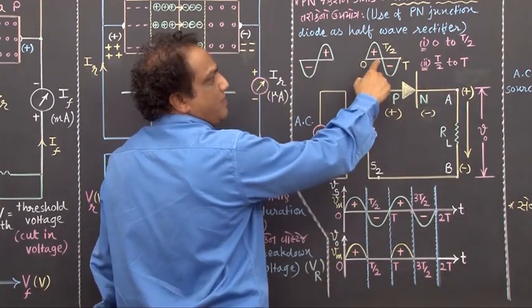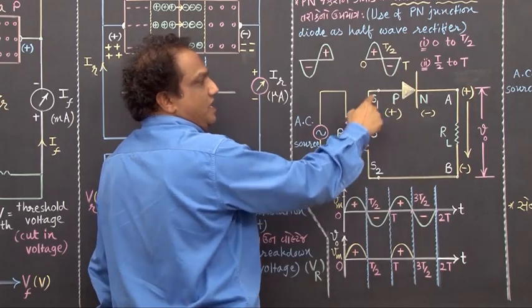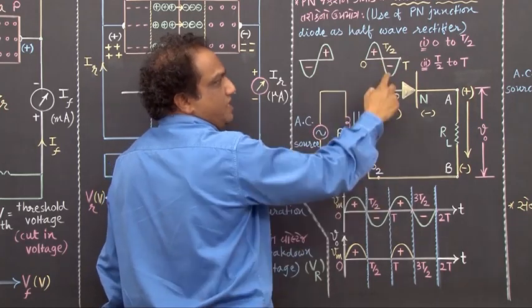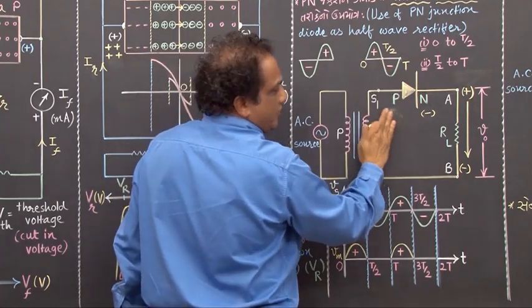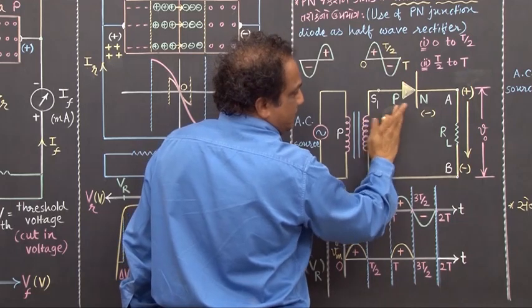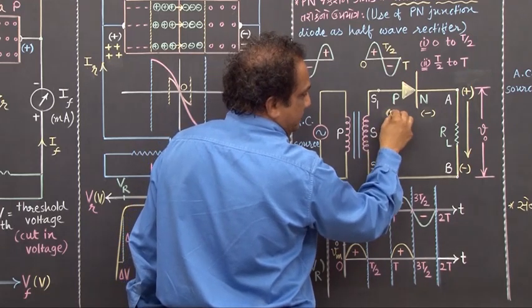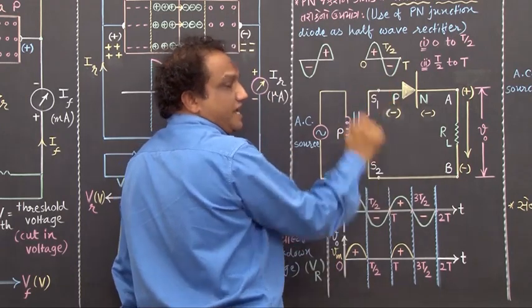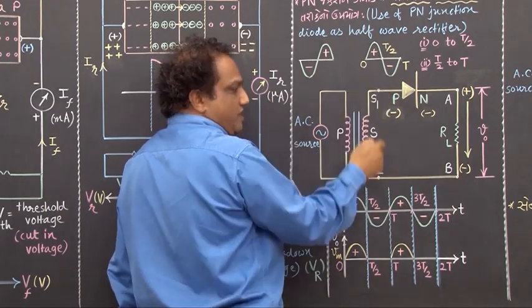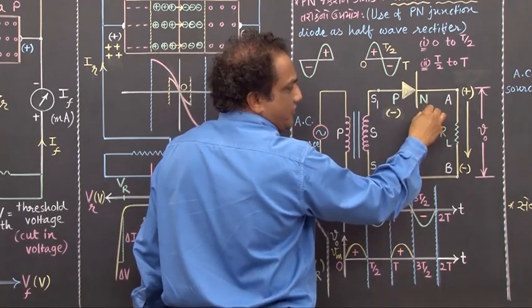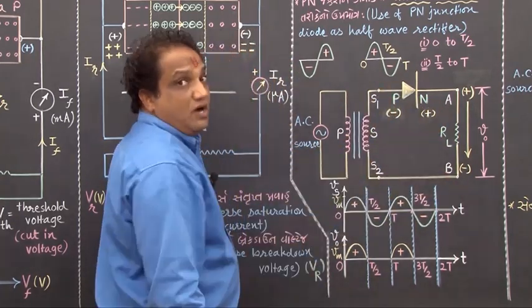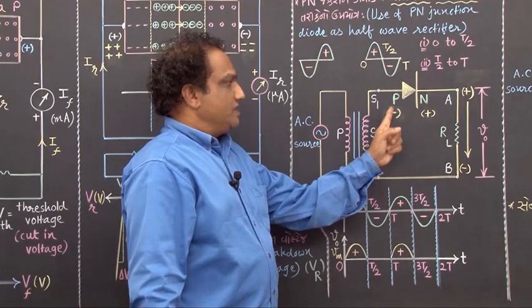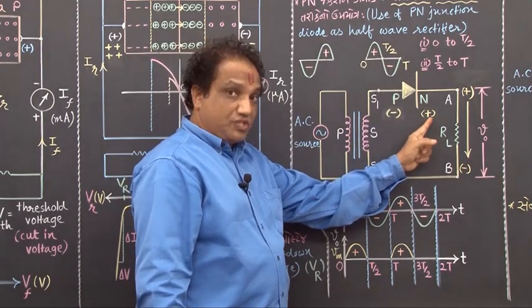From T by 2 to T, the potential at S1 with respect to S2 is negative. With respect to S2, if S1 is at negative potential, then S2 will be at positive potential. So P is negative and N is positive.